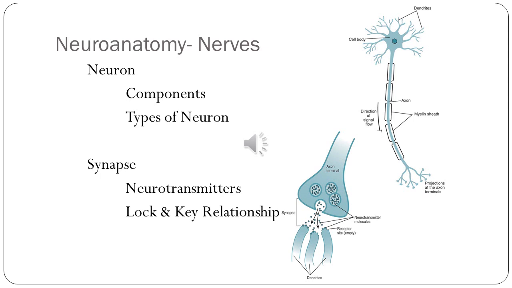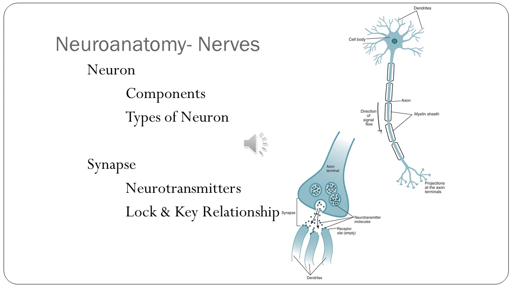Some of this is stuff we went over in ATR 310 when we talked about the neurological system. You have your dendrites, your cell body, your axon, and then the branches at the end, the little projections at the end of the axon, and the terminals.